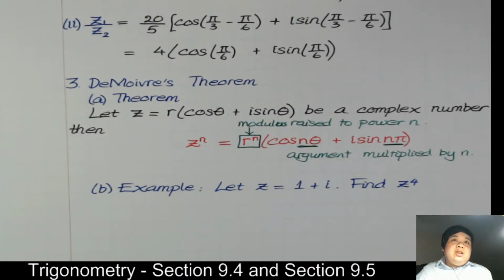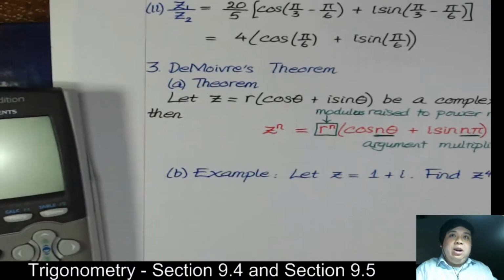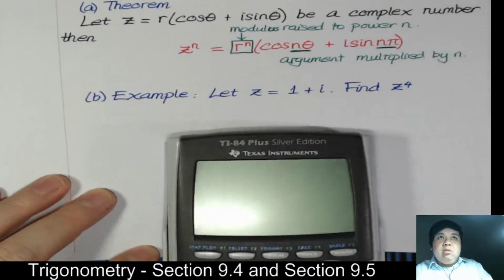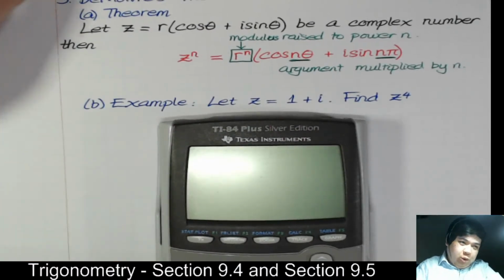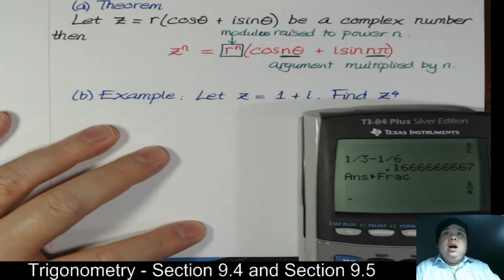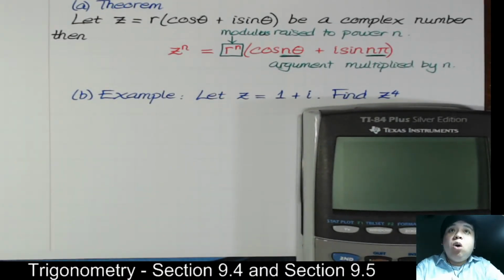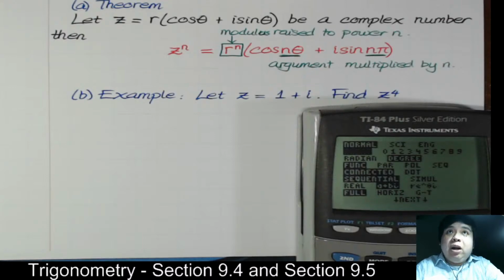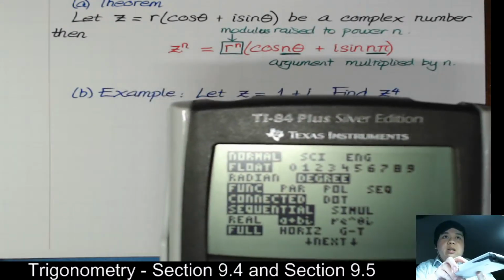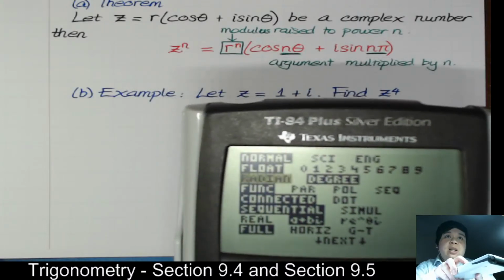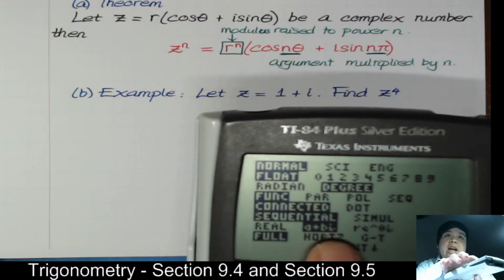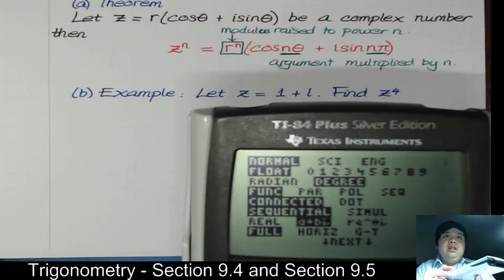Okay, let's see if we can do this on the calculator first. We did this back in complex numbers, section 9.3. If we want complex numbers, hit mode and make sure that it is in the complex number mode, meaning that we select a plus bi.